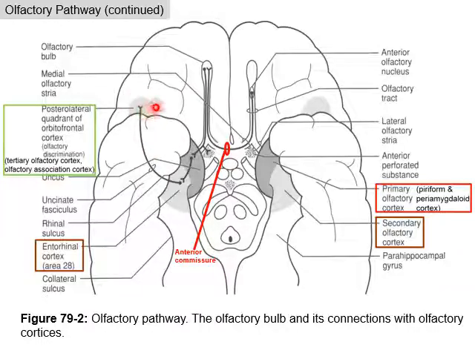The tertiary olfactory cortex is actually the posterolateral quadrant of the orbitofrontal cortex, and this is responsible for the olfactory discrimination. So it's called the tertiary olfactory cortex or olfactory association cortex. Its job is to discriminate between the different odors. So it is for olfactory discrimination.